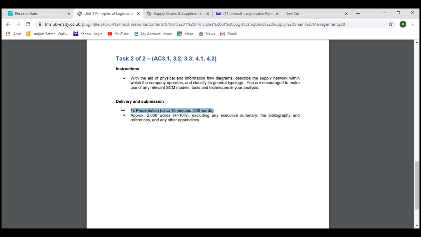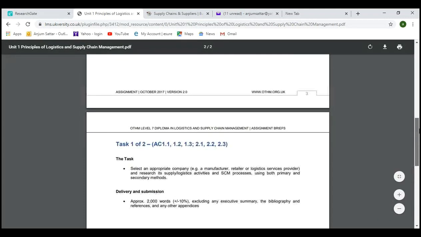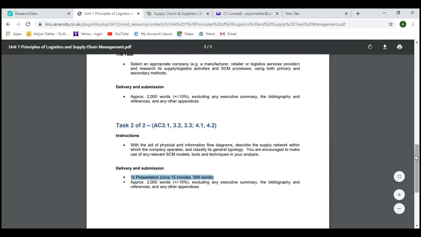Because that can't be 4,000 plus words because normally your level 7 is one. Yes, I'll just make sure. Give me Monday. I'll check. Because they put it separately there. They are saying, prepare 500 words presentation and 2,000 words at least for your task one assignment.